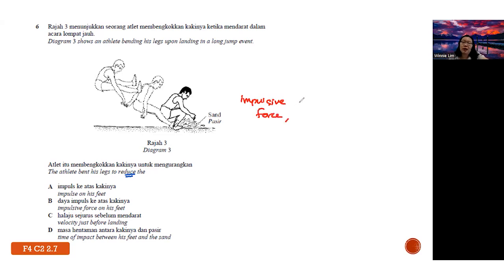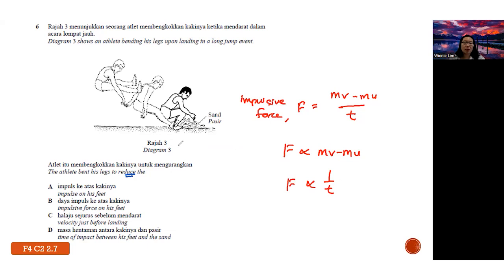Impulsive force, F equals the rate of change of momentum, mv minus mu over t. Based on the equation, the force is directly proportional to the change in momentum, mv minus mu, or the force is inversely proportional to the time of impact. That means the time you touch the surface of an object.